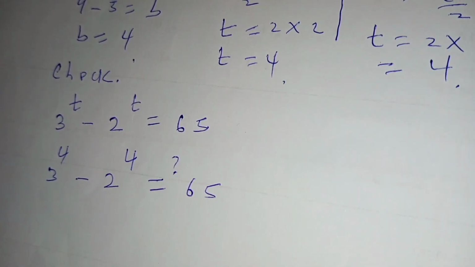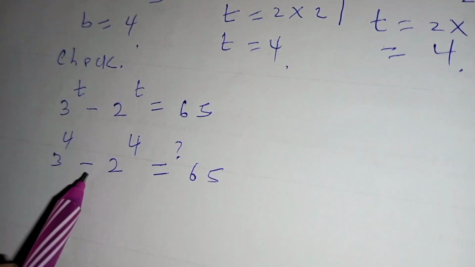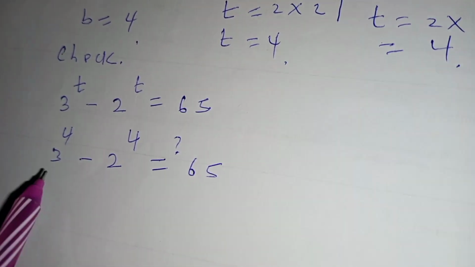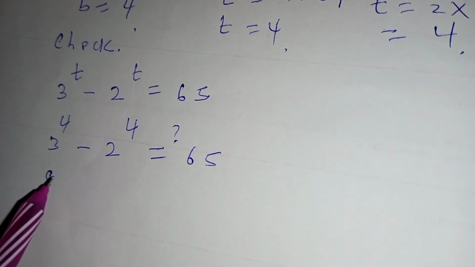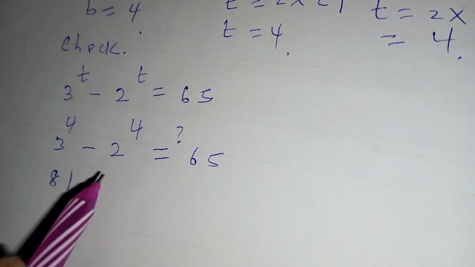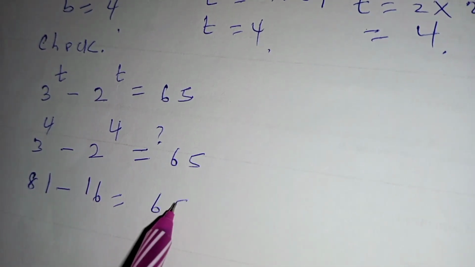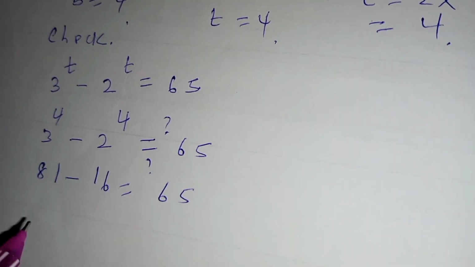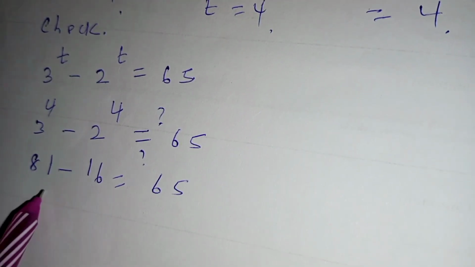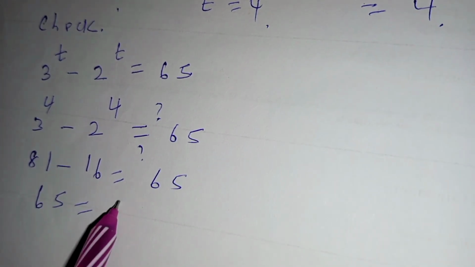Let's find out. 3 to the power of 4 means 3 times 3 times 3 times 3, 4 times, which is 81, minus 2 to the power of 4, it is 16. Is it equal to 65? Clearly, you can see 81 minus 16 is 65, which is equal to 65.